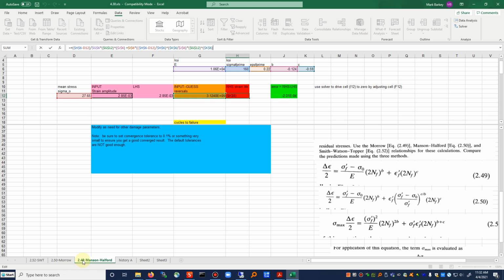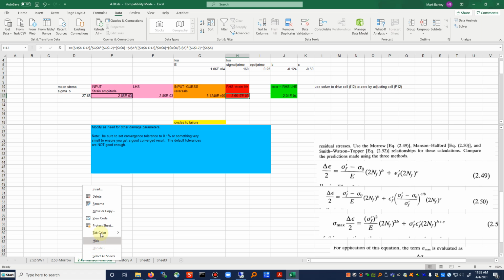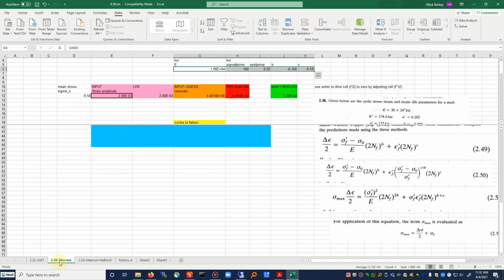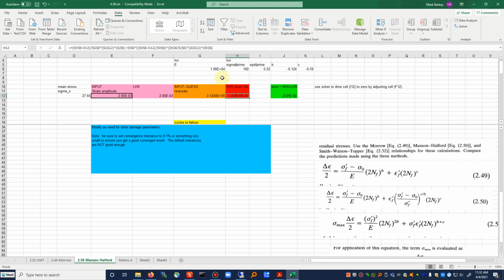So this 250 is the Manson-Halford. And the Morrow should be this one. Okay. So let's take a look at the Manson-Halford.